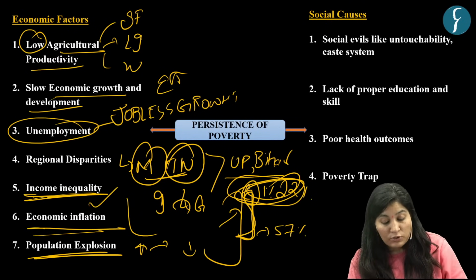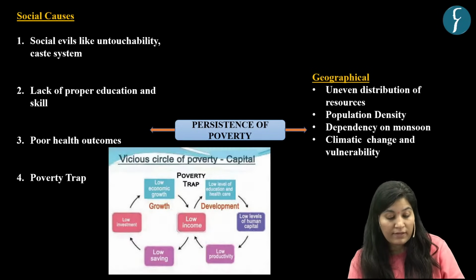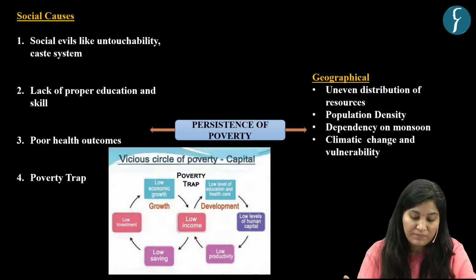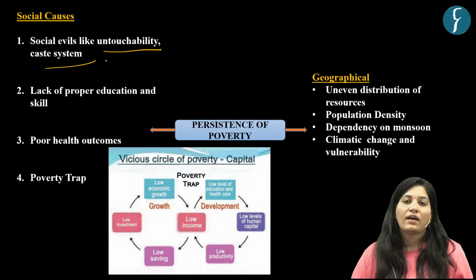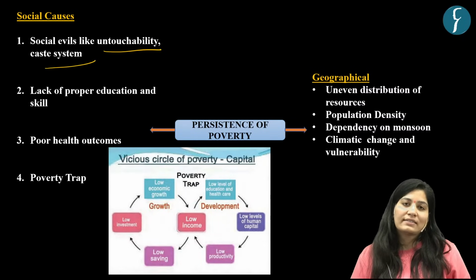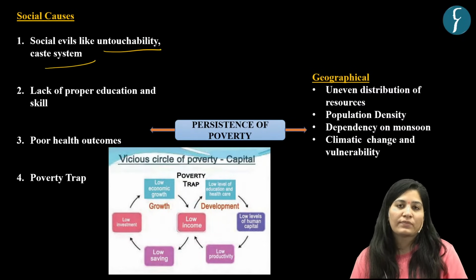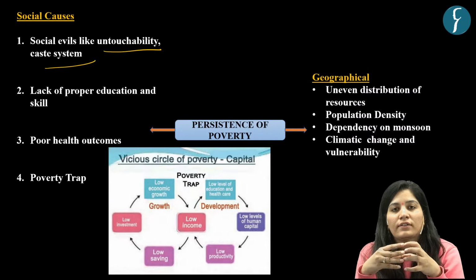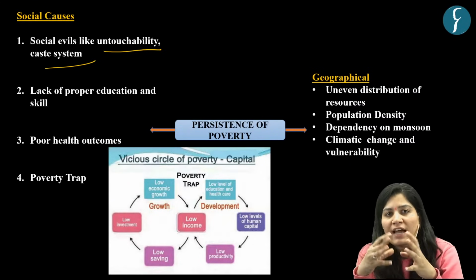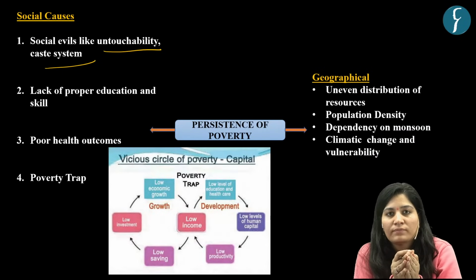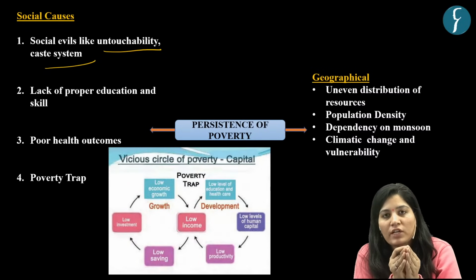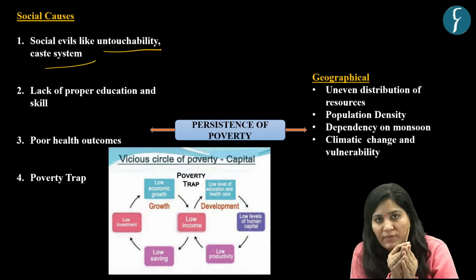Now let's come to our next, social causes. See, social evils like untouchability, caste system, these evils somewhere put an entire chunk of the population away from the fruits which they should have enjoyed because of development.